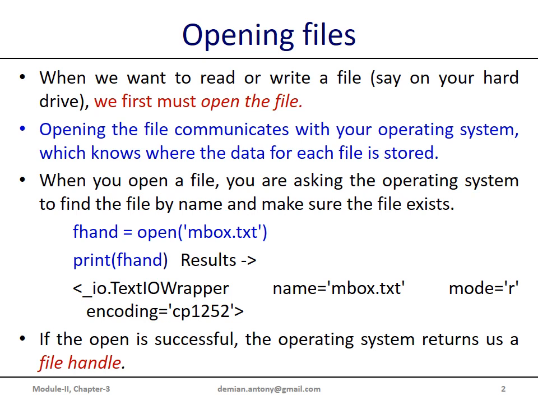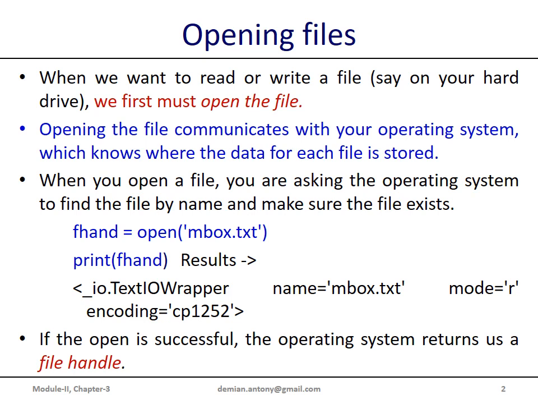In Python, we don't have a complicated syntax where you have to declare a file of a data structure of type file like in C. We have very simple syntax. The syntax goes like this. We need to create a variable for the file handle.